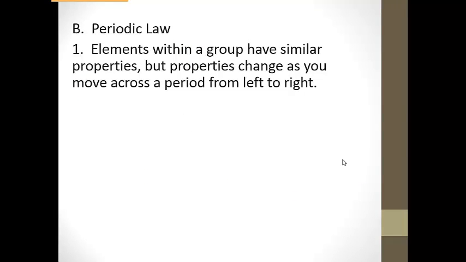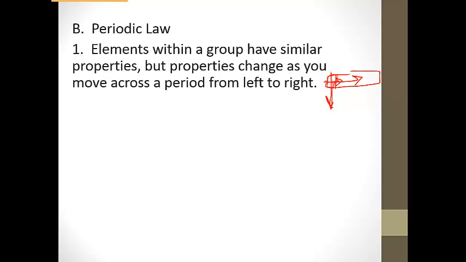Elements within the same group. Okay, so we're looking at the columns going up and down. Those are groups or families. We just said that they have similar properties, but the property within periods is different. So if you are looking in the period going left to right, the rows, the property that this column has going this way is the same, but going across, the property is going to change.